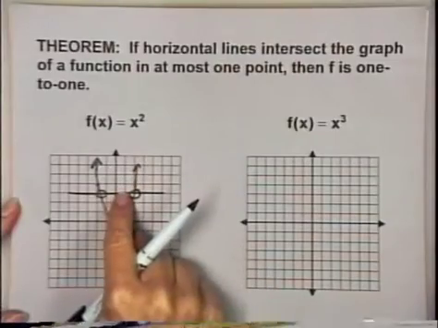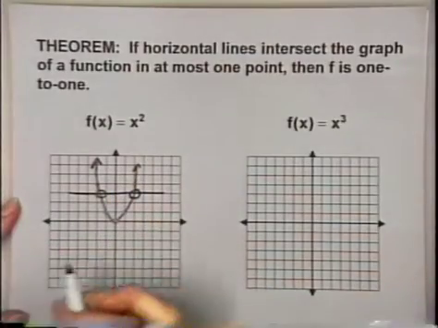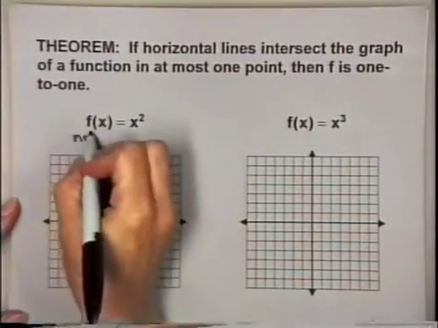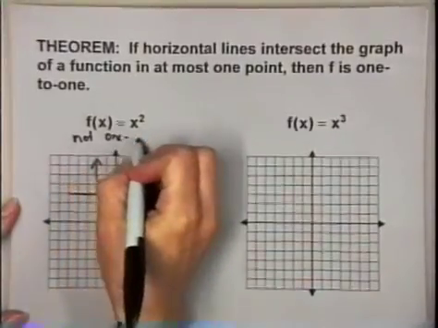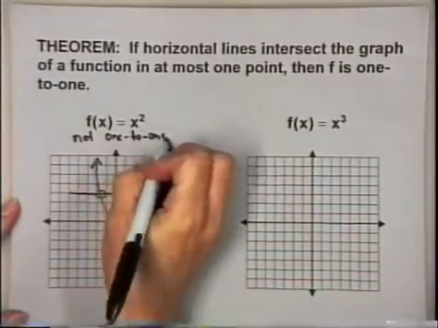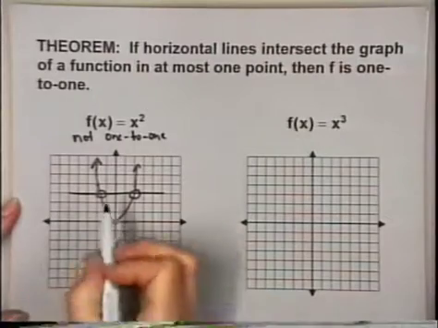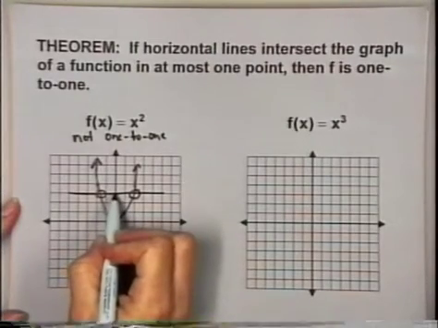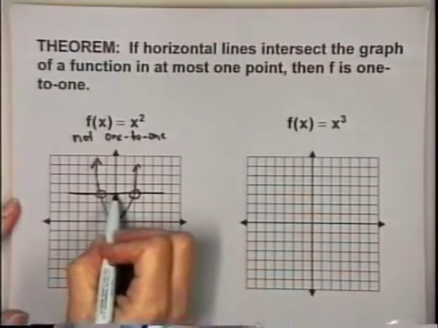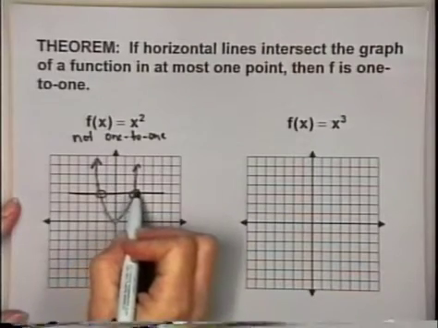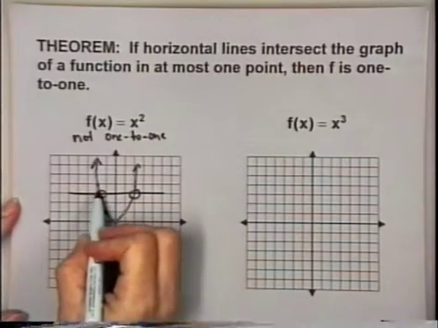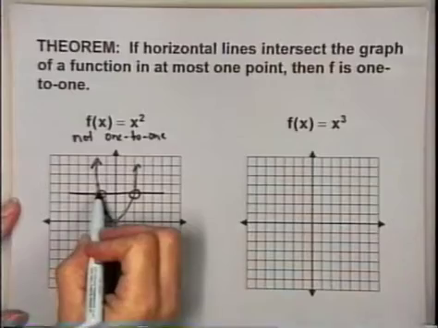Well, this intersects in more than one. This is not 1 to 1. Now, let's see what's happening here. When I draw in this horizontal line, I have picked what? I have picked a y value. And we're seeing for this particular y value, there are two different x values that give me that same y value.